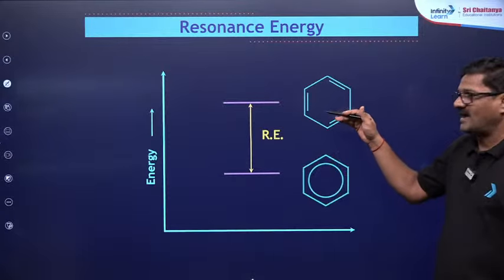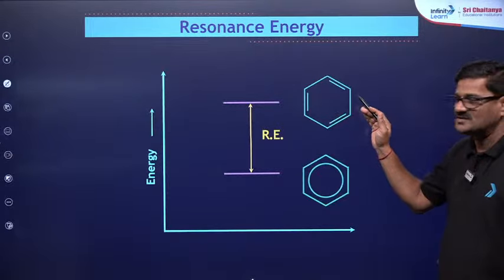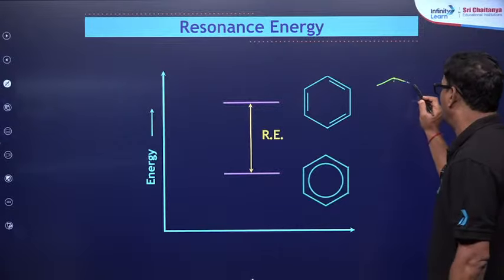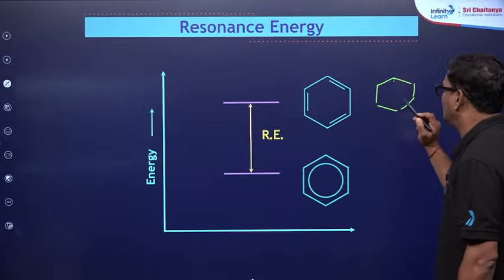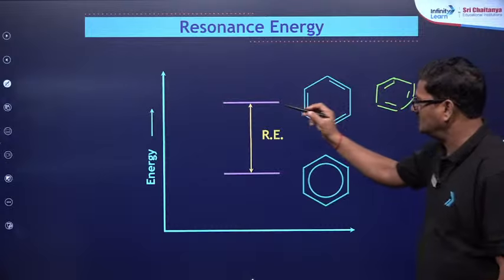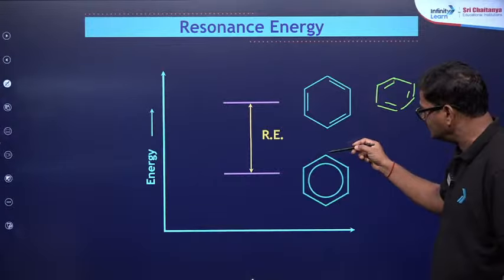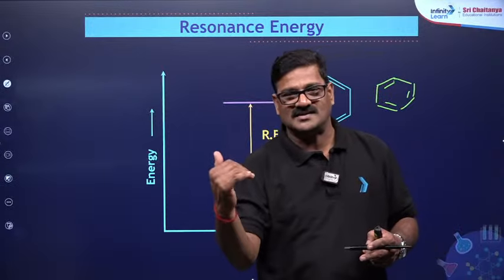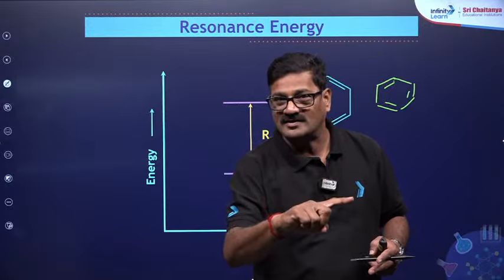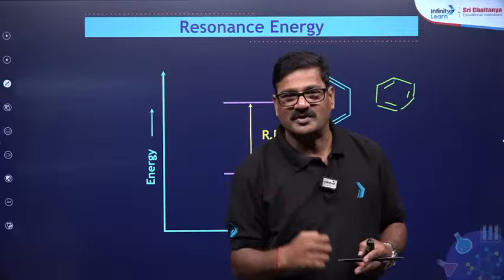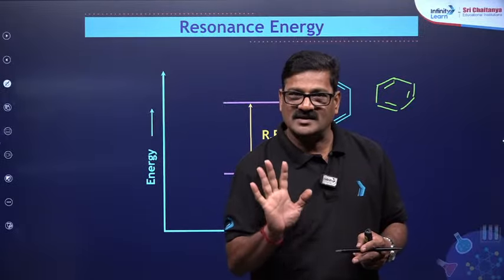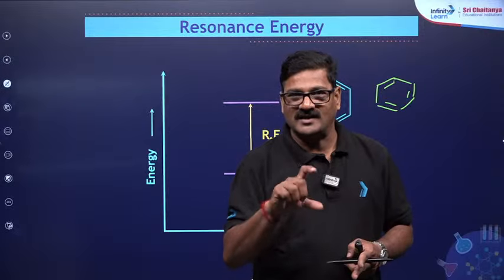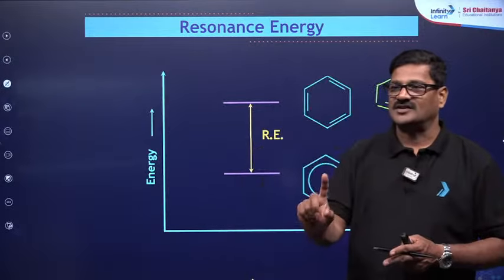So benzene has its various resonating structures, and this is one of the canonical structures. I can take another one of these also, and its energy will probably be here, and this is a resonance hybrid, and the resonance hybrid will always have less energy as compared to its canonical structures. The energy gap between the hybrid and the canonical structure is called resonance energy.